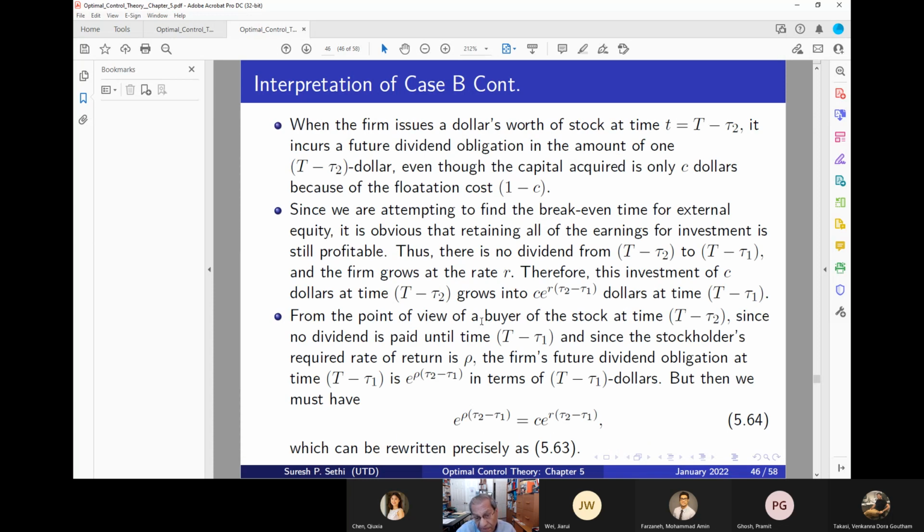So from the point of view of the buyer of the stock at t minus tau 2, no dividend is paid, and the stockholder rate of return is rho. So the firm's future dividend obligation at t minus tau 1 is e to the rho times (tau 2 minus tau 1) in t minus tau 1.